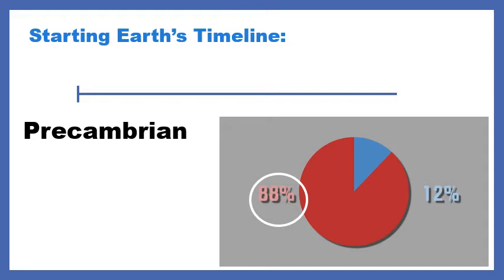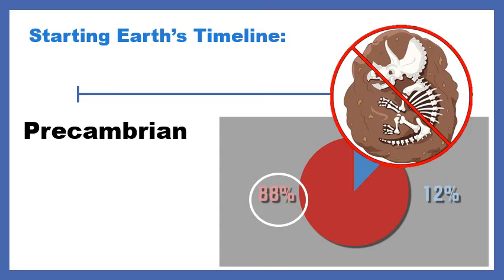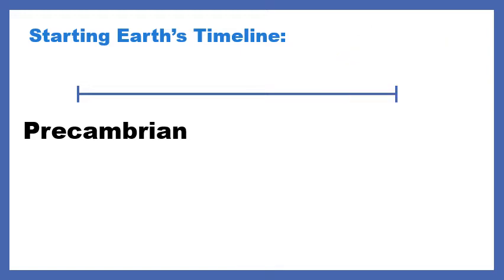Even though this is a ginormous chunk of Earth's time, there isn't really much to look at because there aren't a lot of fossils that exist. So unfortunately, it's a big chunk of time, but not so interesting because we don't have some super awesome fossils to gaze at. So I have the Precambrian, and I know that we are currently in present day.